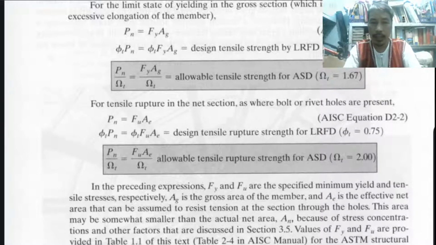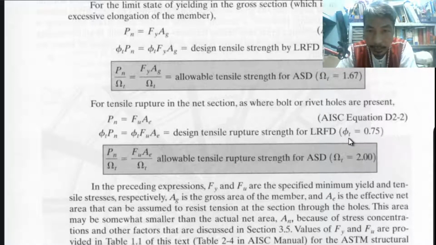So we are here. And multiplying both sides by the reduction factor, take note. This is again the tensile reduction factor, but now we are under the rupture, tensile rupture. We are on the ultimate.